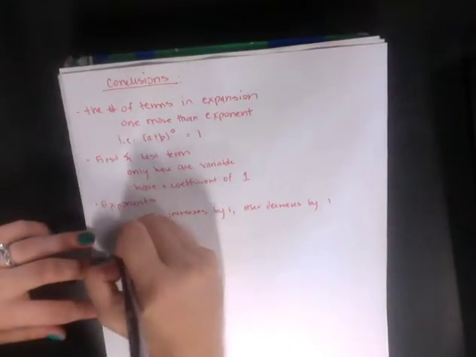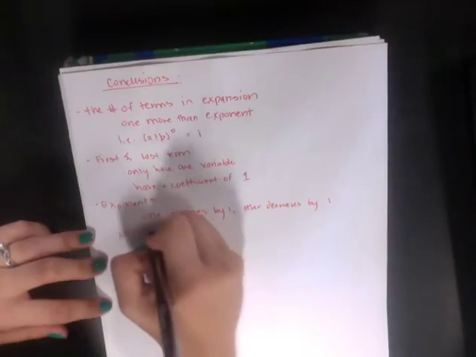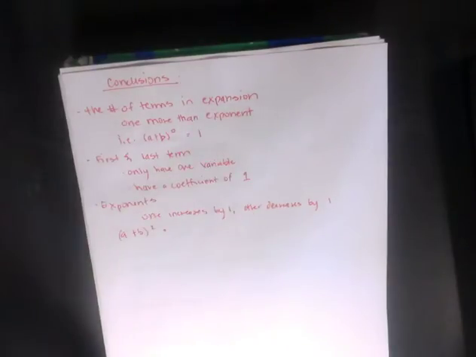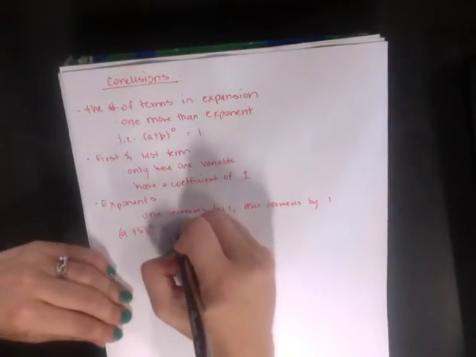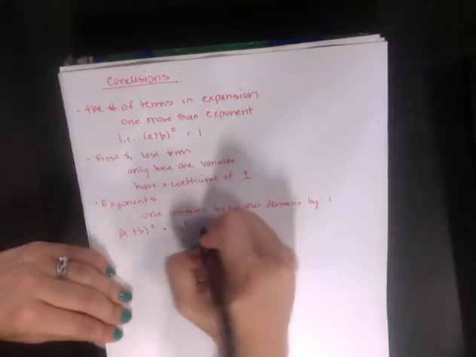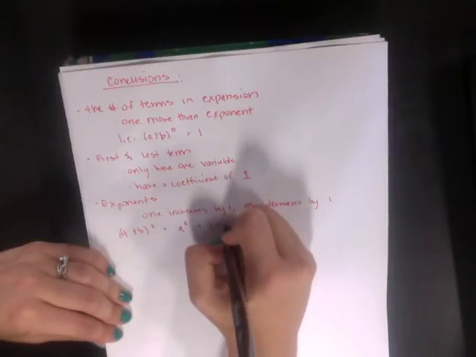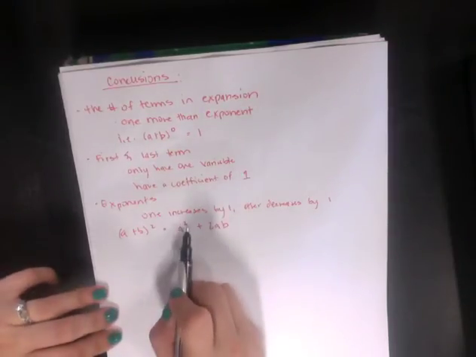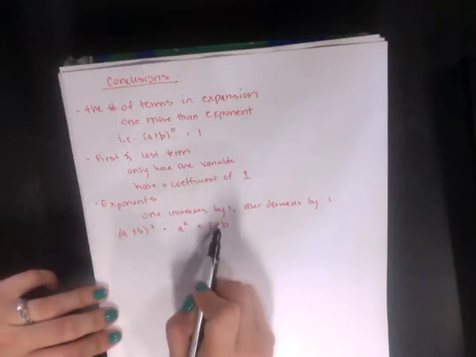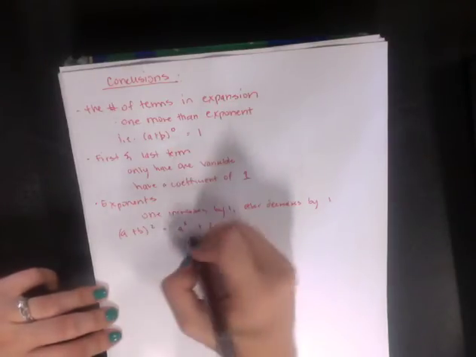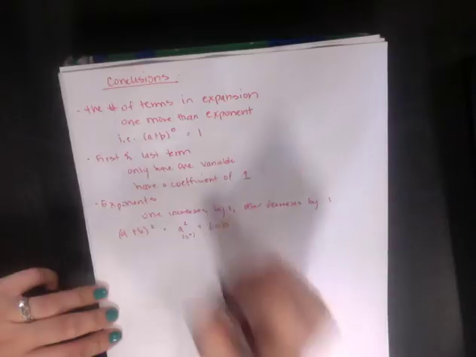So let's look at a plus b squared. If I was to write this, I have a squared plus 2ab. Notice my a power started at 2, now it's 1. My b power, I have a silent b to the 0.